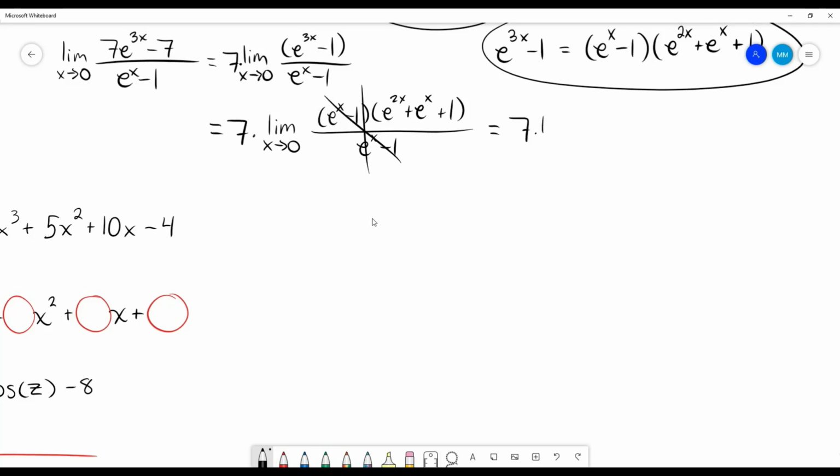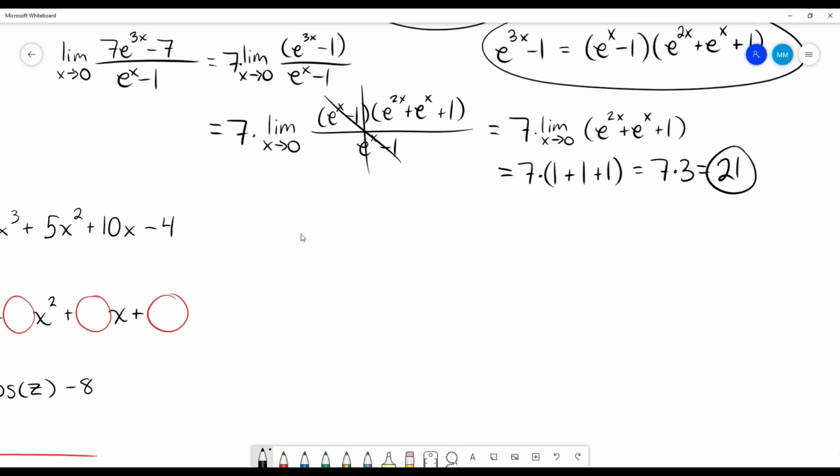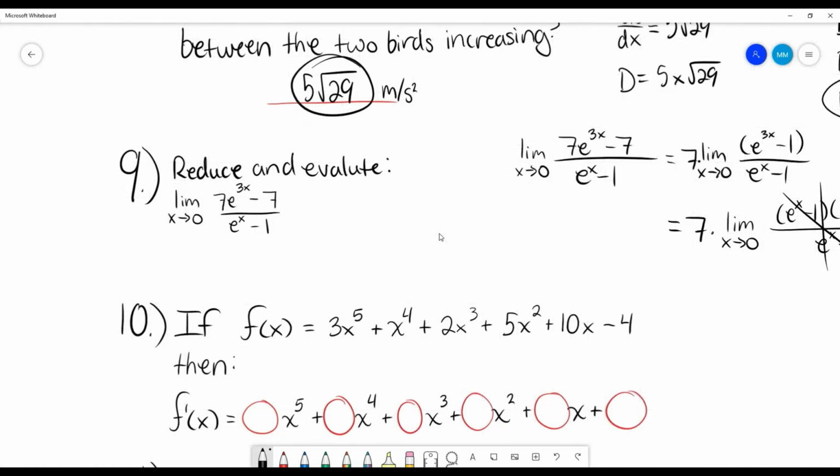It's 7 times the limit as x approaches 0 of just e to the 2x plus e to the x plus 1, which if I just plug in the 0 for all those x's now, I get 7 times, well, e to the 2 times 0 is e to the 0, which is just 1, plus e to the 0, which is just 1, plus 1. So this turns into a 7 times 3, or 21. So our answer is that the limit is 21.